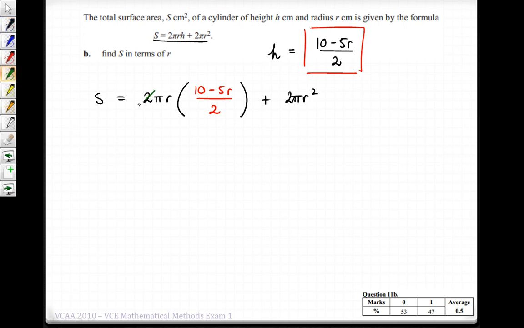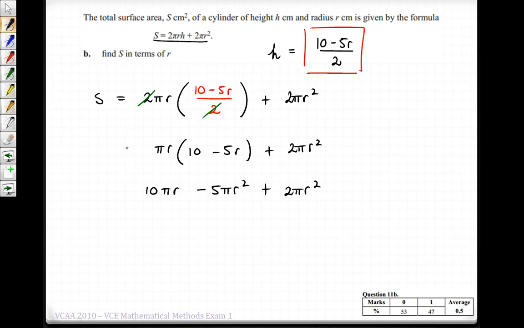As you can see, the 2 there and the 2 there will cancel, and we'll be left with pi r outside of 10 minus 5r plus 2 pi r squared. Expanding out, we get 10 pi r minus 5 pi r squared plus 2 pi r squared.